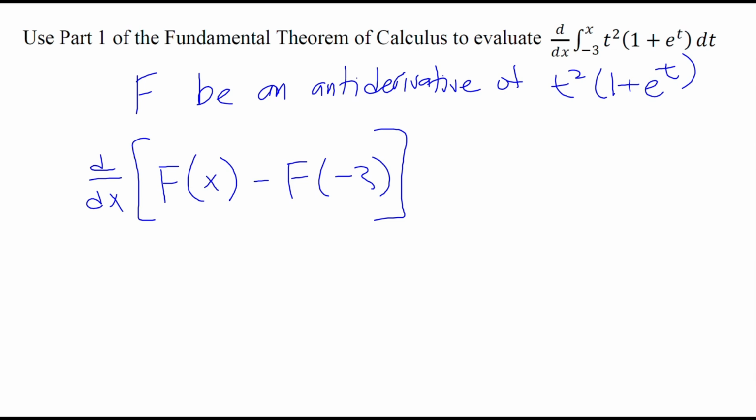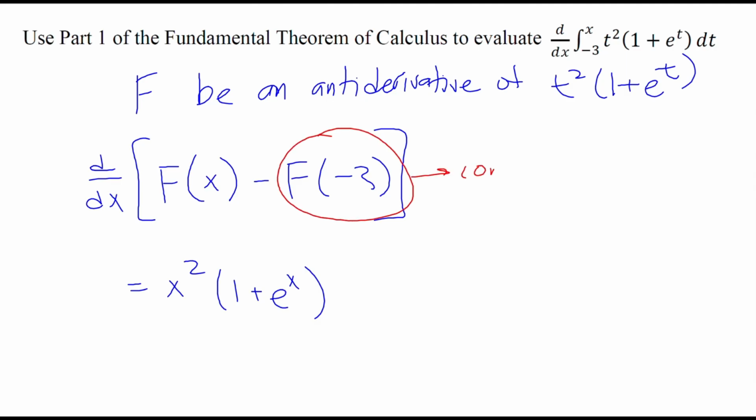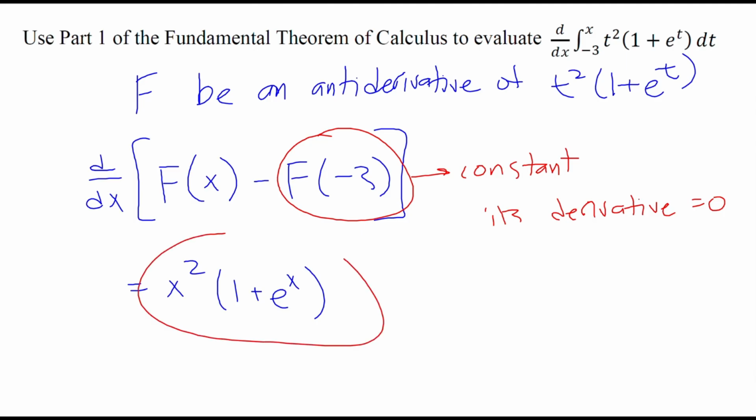Well, the derivative of capital F is just the function in terms of x, so that'll be x squared times 1 plus e to the x, and then capital F of -3, this right here, is just a constant, and so its derivative is just equal to 0. So really what we've got is just x squared times 1 plus e to the x minus 0, or just x squared times 1 plus e to the x.